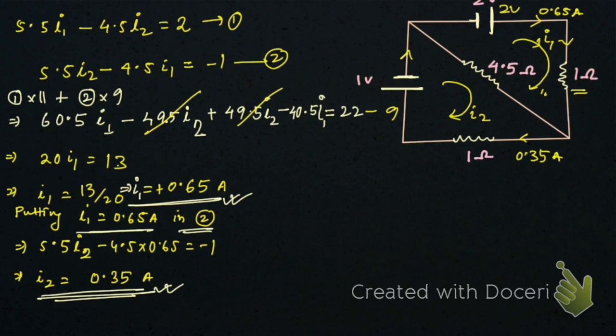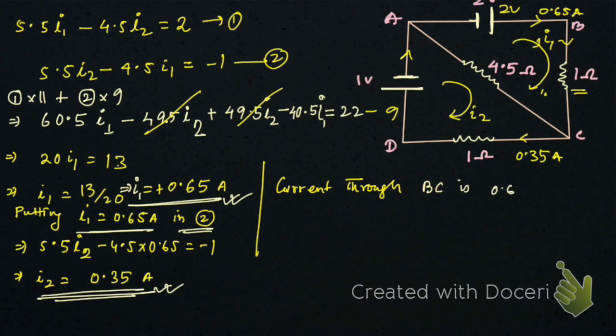So here you can see what we have got. Let me use the names here, A, B, C, D, right? Current through BC is 0.65 ampere, right?